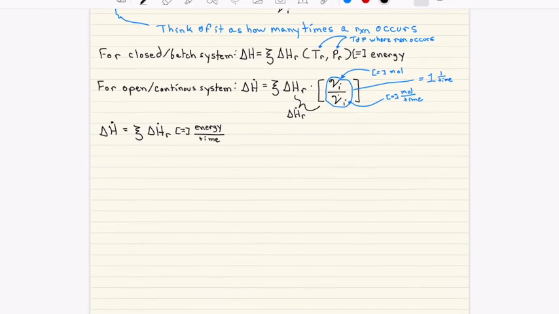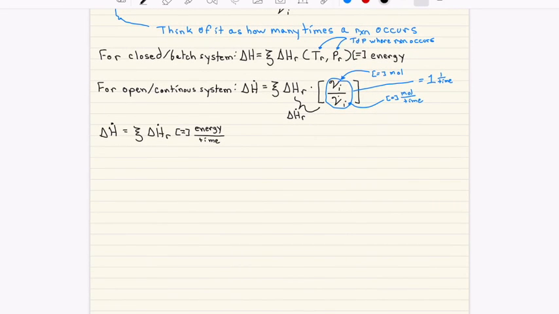A couple more things I want to define for you. Typically what you'll see in the book is not just an enthalpy of reaction for random temperatures. What's typically reported is something called a standard enthalpy of reaction, symbolized by this delta H of R with a degree symbol.